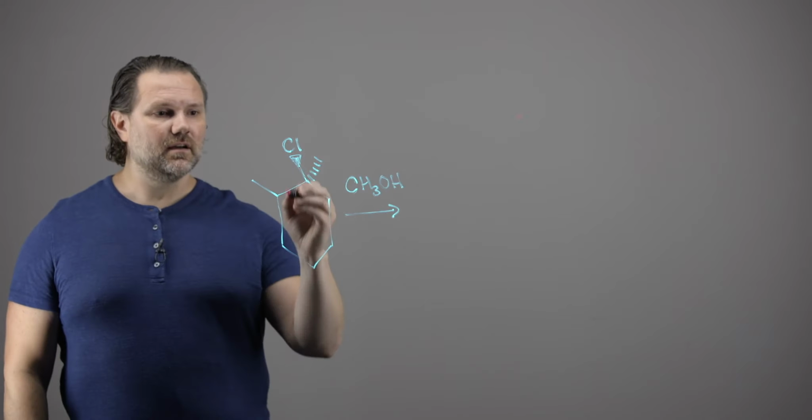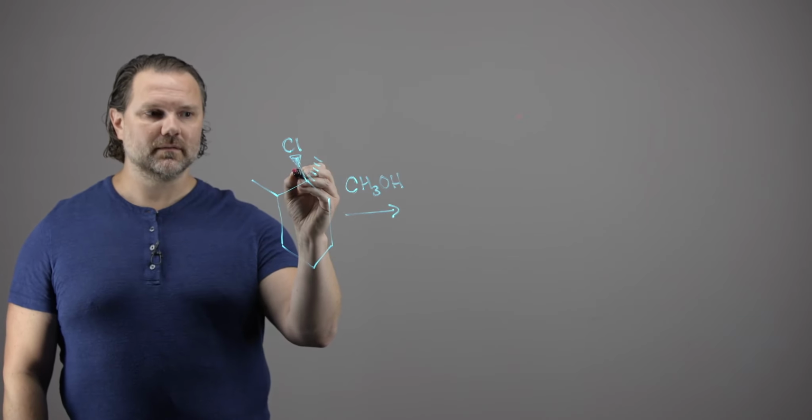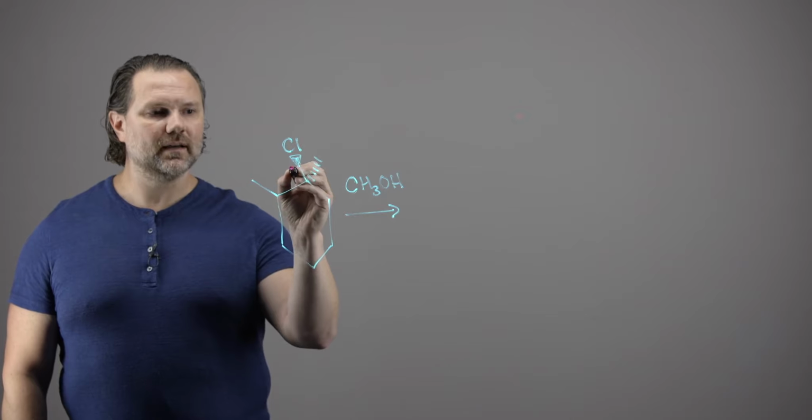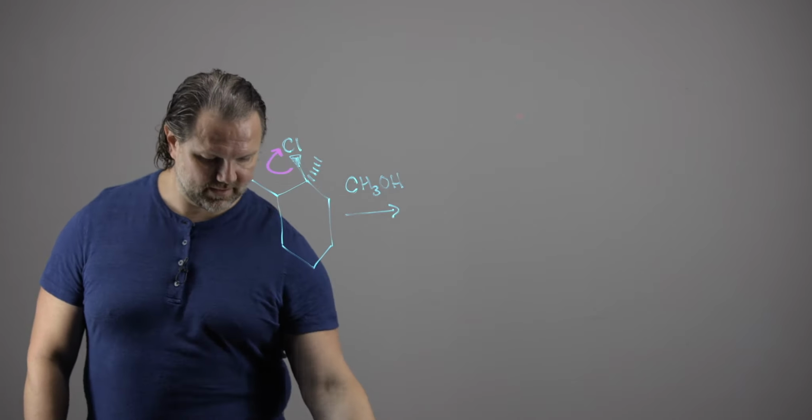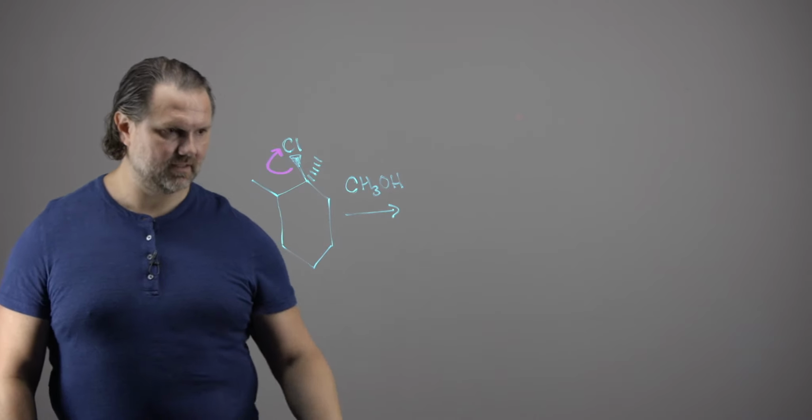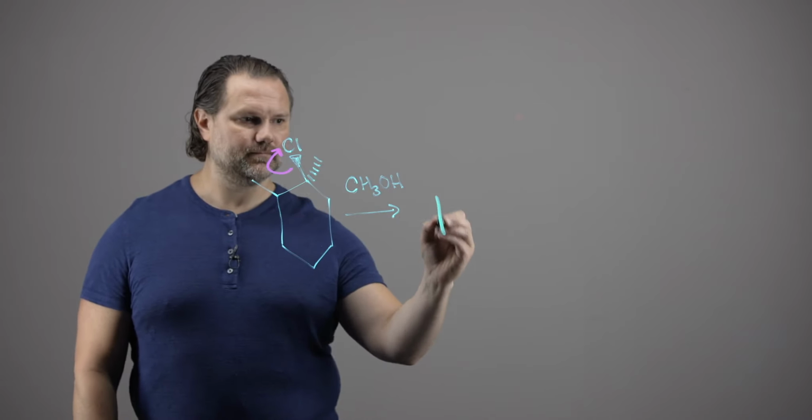So we have the electron pair between the carbon and the chlorine, and that bond is going to break, forming our initial carbocation in step 1 of this reaction.